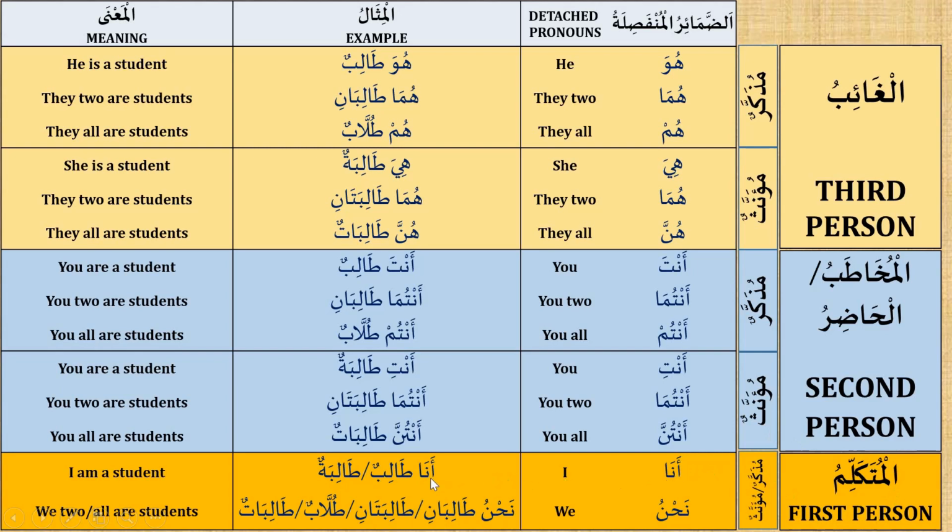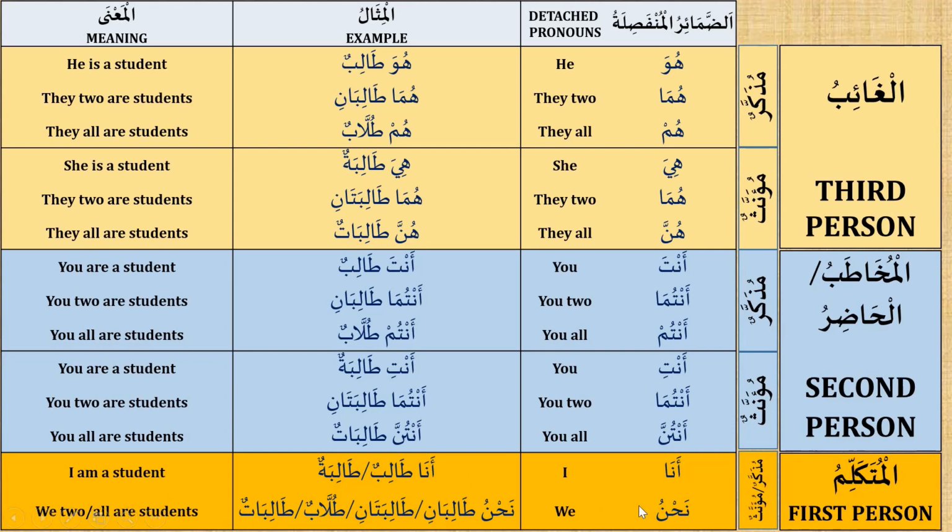Ana, I. Ana talibun or talibatun, I am a student. Remember we said ana can be used for male and female. Nahnu, we. Nahnu talibani or talibatani, or tullabun or talibatun, we two or we all are students.